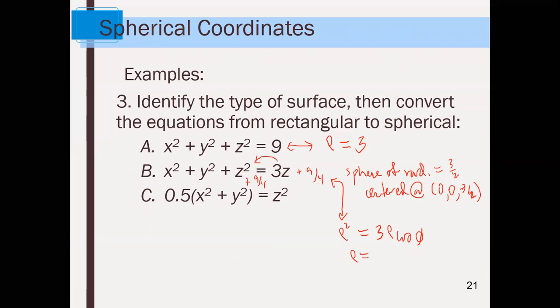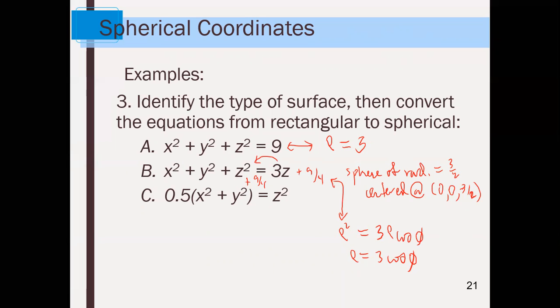So I get rho equals 3 cosine of phi. That ought to remind you of polar coordinates. Remember, if we had r equal to 3 cosine of theta, that would have been a circle. Here we have rho equal to 3 cosine of phi, and you'll have the 3-dimensional analog of a circle, namely a sphere of radius 3/2 in this case.